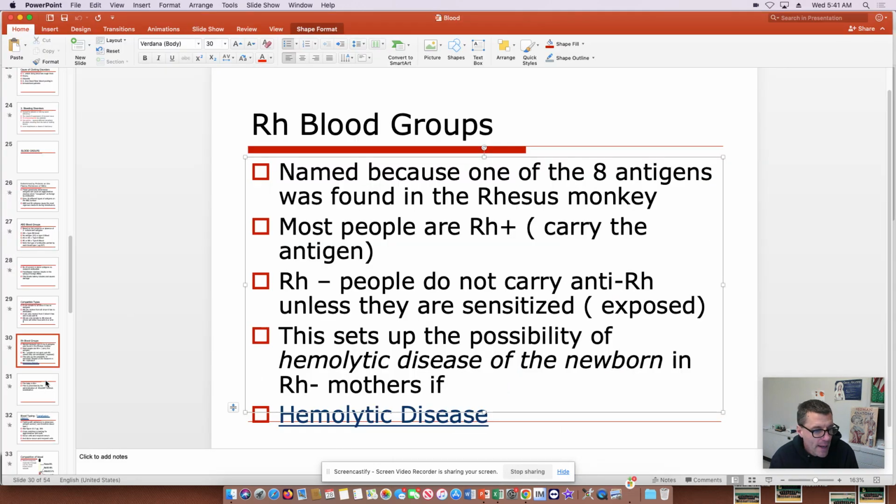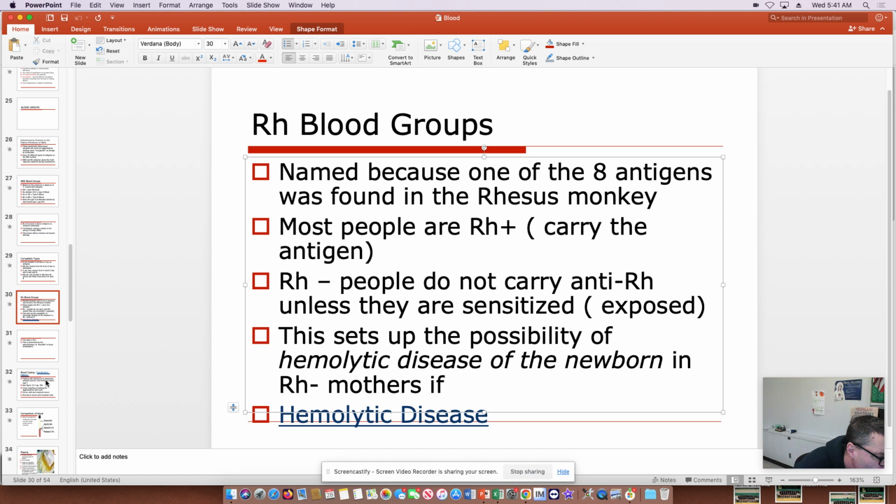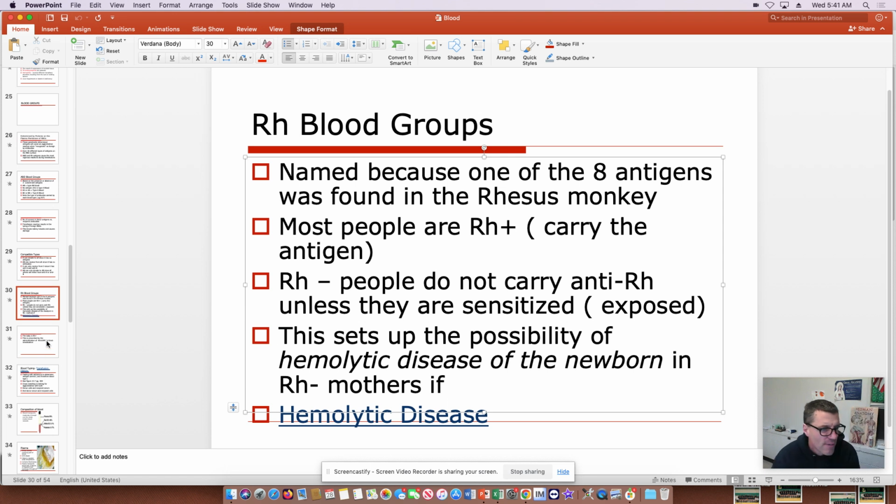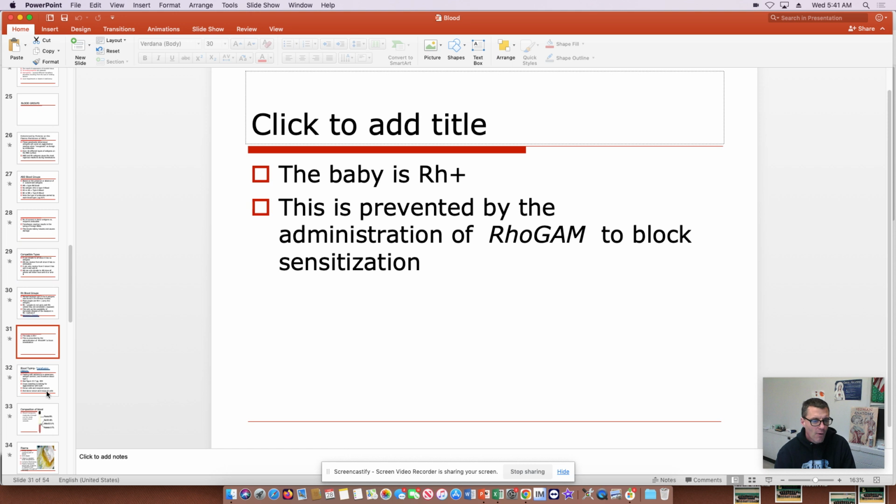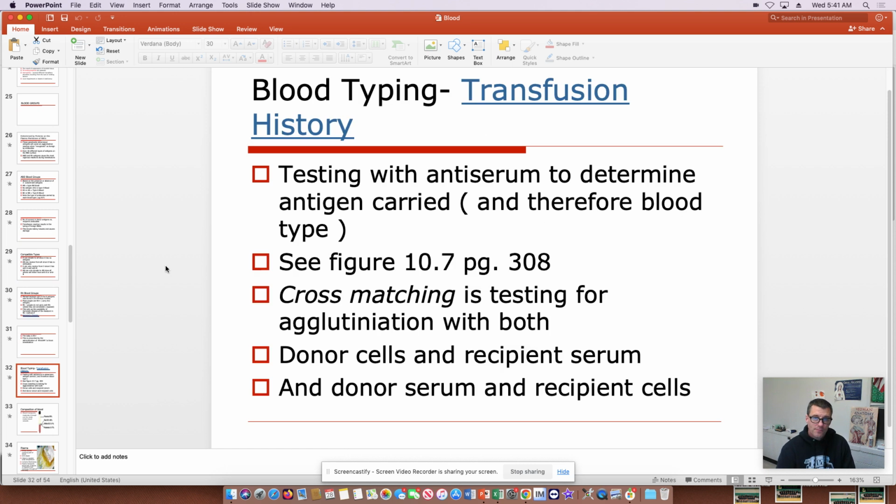All right, we just have a couple more screens here, or one more maybe. All right, so blood typing is tested with anti-serum to determine the antigen, therefore the blood type. So if you mix the anti-serum with the blood, and that particular type of anti-serum causes an agglutination reaction, then you know that their blood has that.